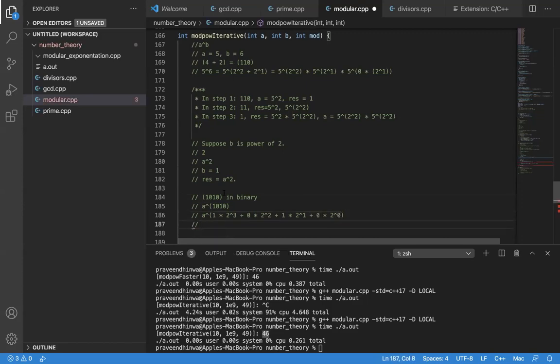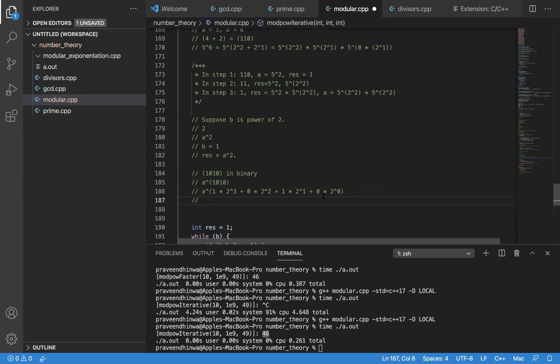So this expression will become A power 2 power 3 times A power 2 power 1.